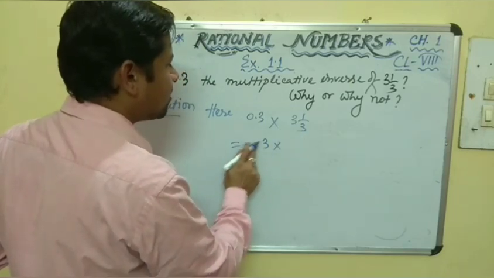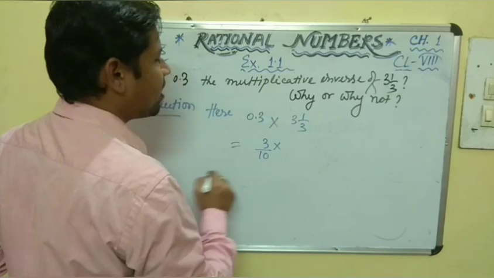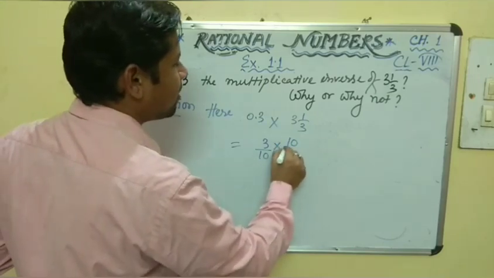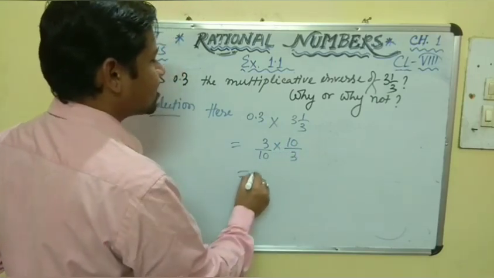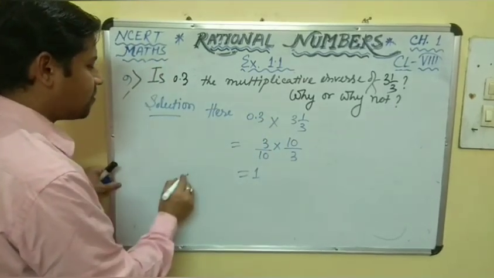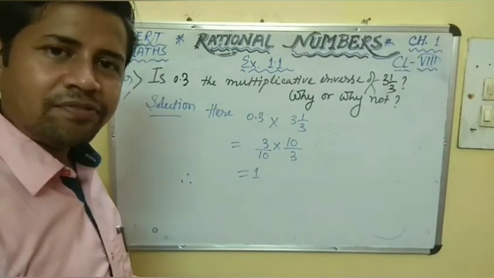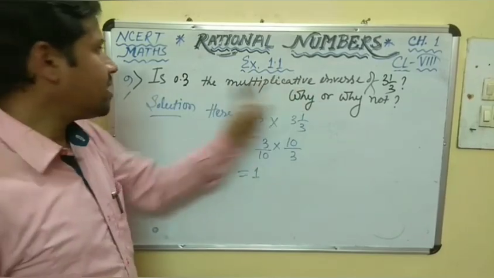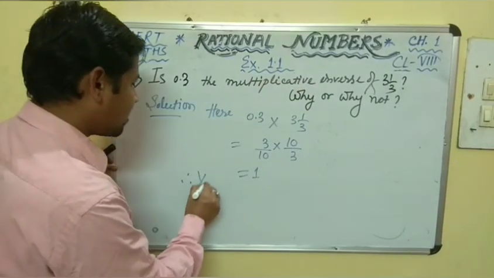If I replace the decimal, then it will be 3 by 10 into 10 by 3. So the product is 1. Therefore the answer will be yes.